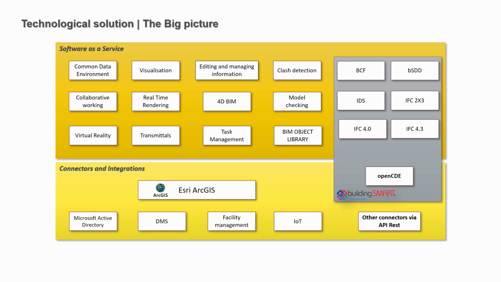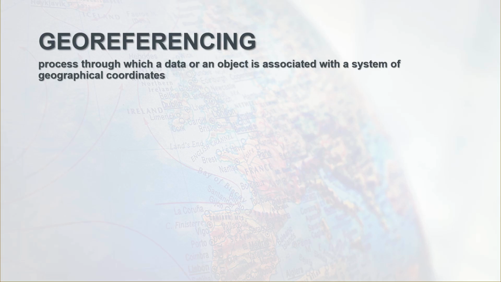The platform enables seamless integration and connectivity with other systems through REST API connectors. As mentioned earlier, this includes compatibility with Esri's ArcGIS Online platform, along with other functionalities previously discussed, such as facility management and the Internet of Things, IoT sector.